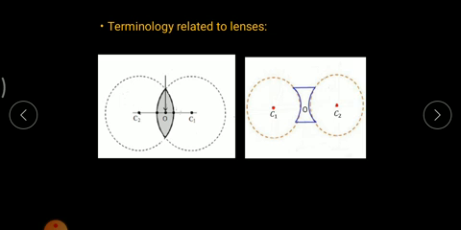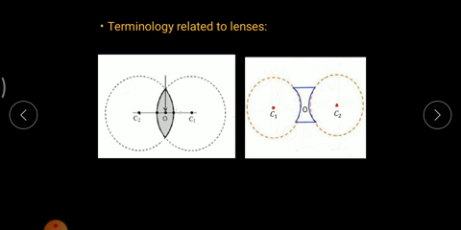So in short, in this type of lens, I have two centers of curvature, this one as C1 and this one as C2. And exactly at the center, we have an optical center, which is termed O here. Now, the same terminology is applicable in concave lens also.